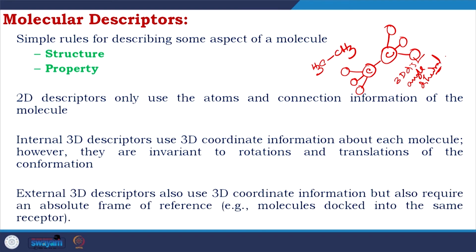External 3D descriptors also use 3D coordinate information, but also require an absolute frame of reference, like molecules docked into the same receptor. So, internal 3D descriptors have the 2D descriptor plus the 3D coordinate information. External 3D descriptors also need the reference frame.